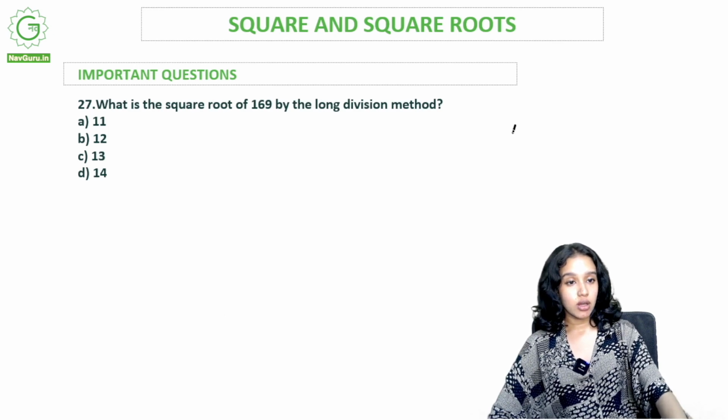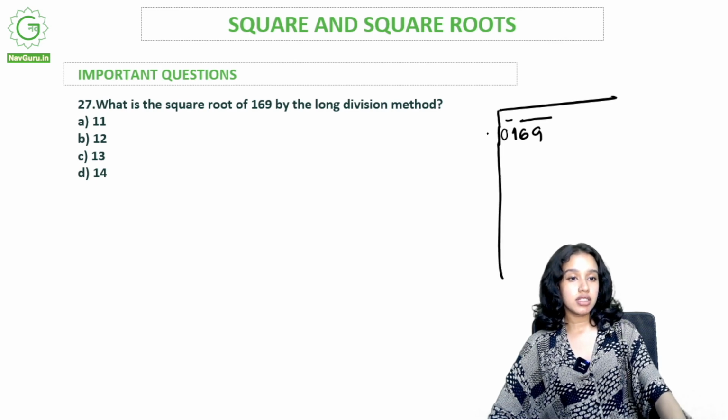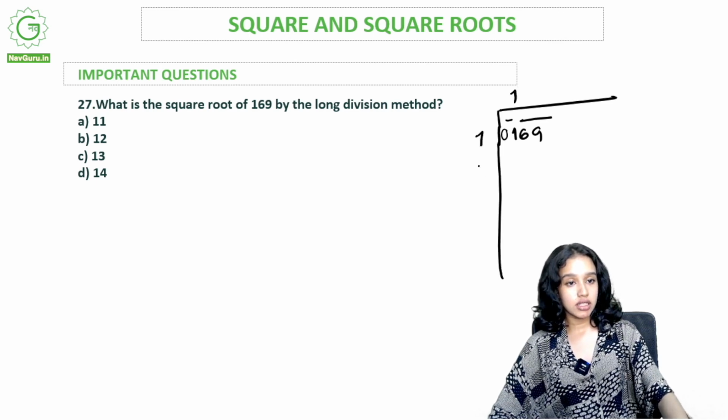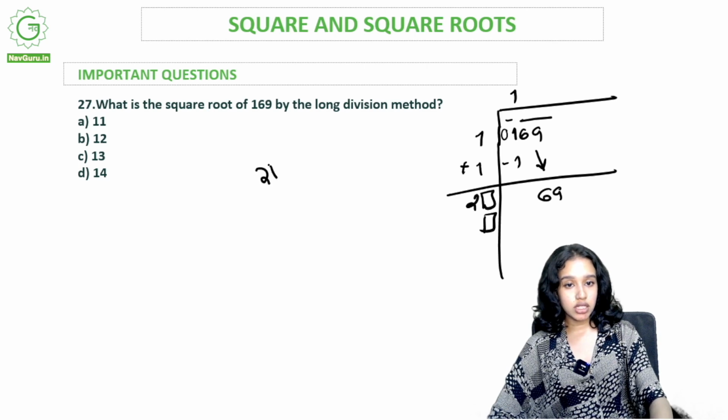Let's see. 169. Long division, 69 a pair and 1 a pair. It should be 0, 1. It's okay. Now, 1, 1, 1 here. We'll add 1, subtract 1. We'll get 2 here with a blank. Now, it's 69 coming down. 2 something into something gives us 69.